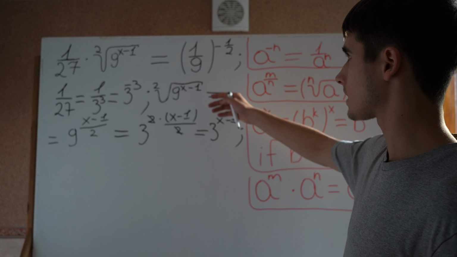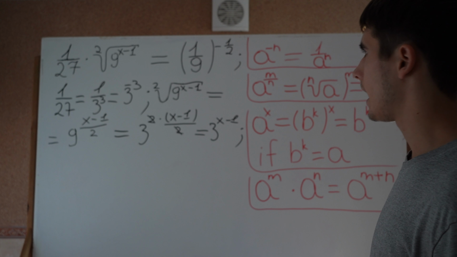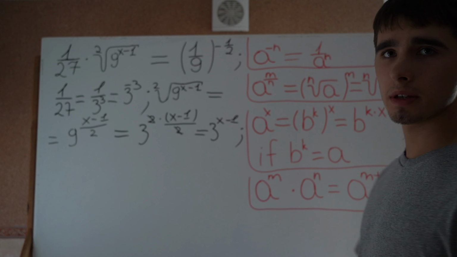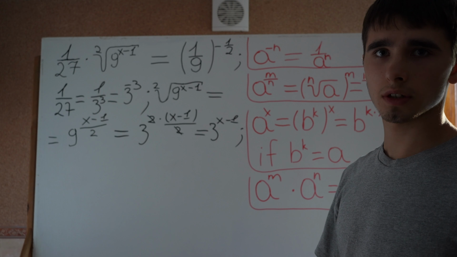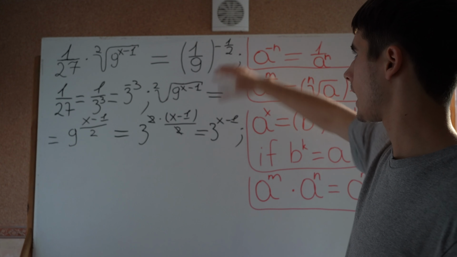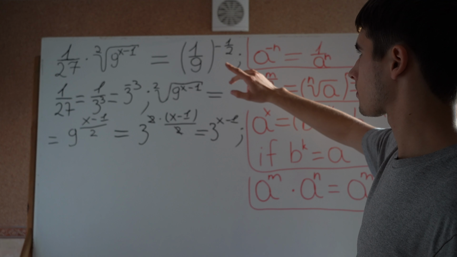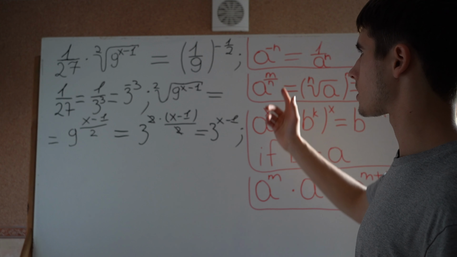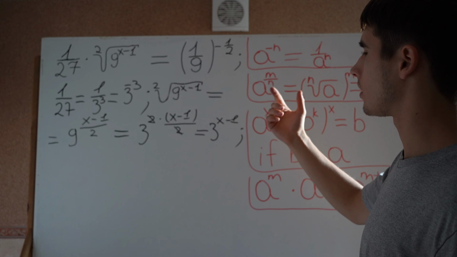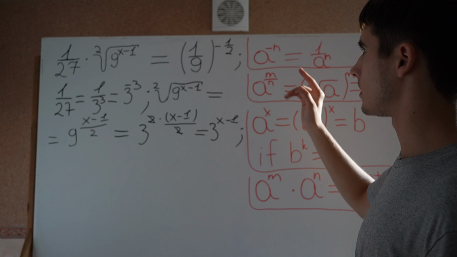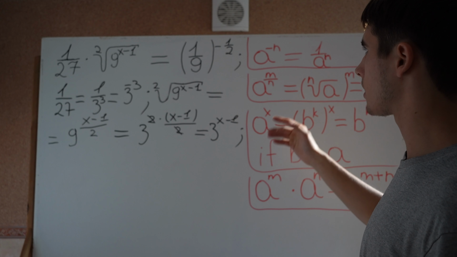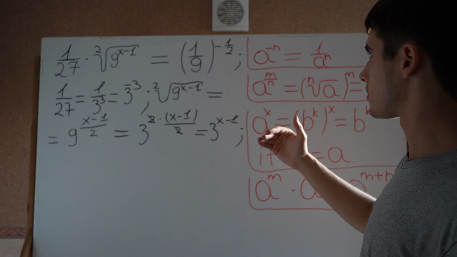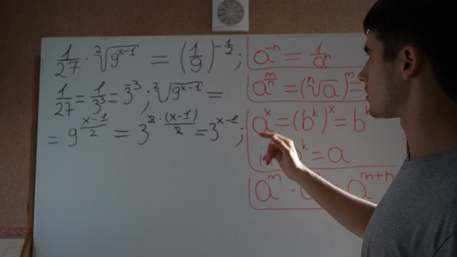So what is left is this number, and maybe you already noticed that we can flip it, and we will get 9 raised to the power of 1 over 2. So 1 over 9 raised to the negative 1 over 2 power equals 9 raised to the power of 1 over 2.